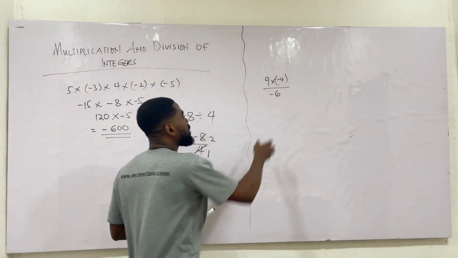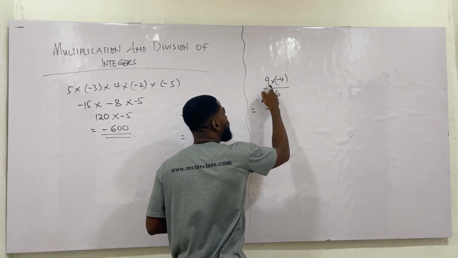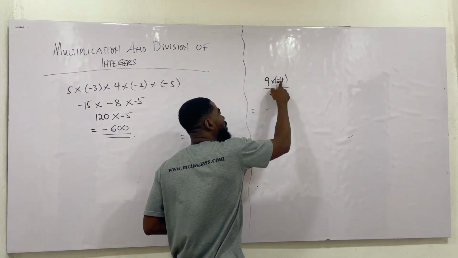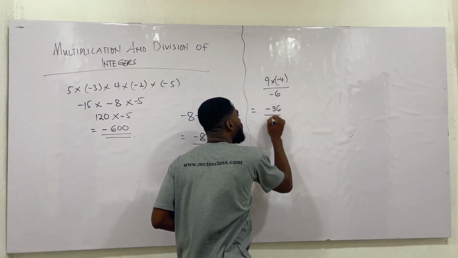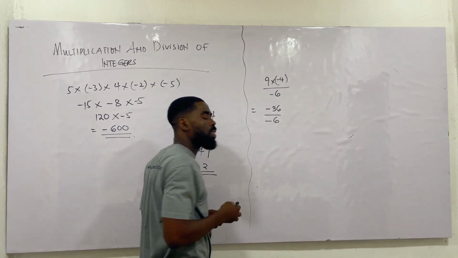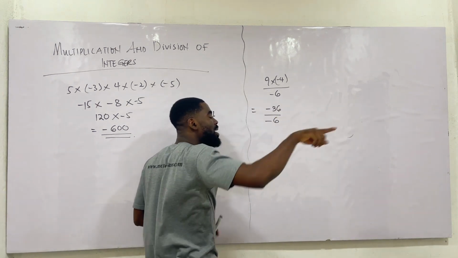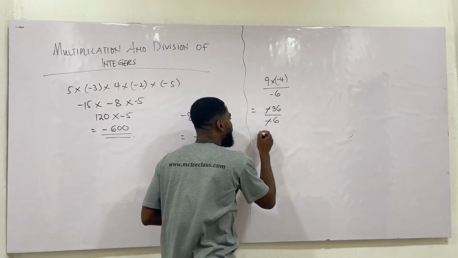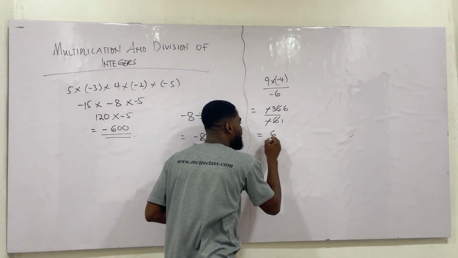Let me multiply the top ones. When I multiply this, 9 and 4 will give me negative. Why negative? Because 9 is a positive number, 4 is a negative. So that will give me negative 36 over negative 6. Now I have a negative number dividing another negative number. This will cancel that, and it goes here 6 times. So we have 6 as the answer.